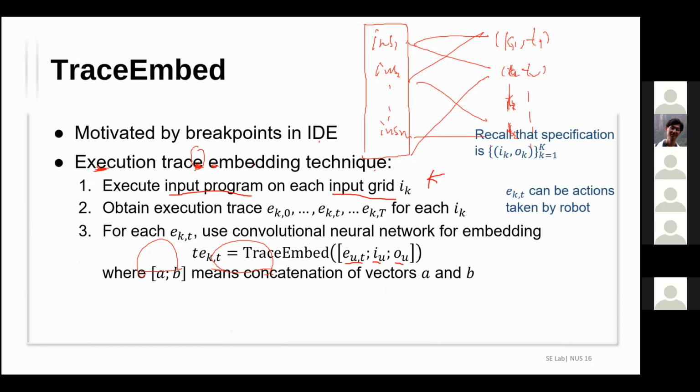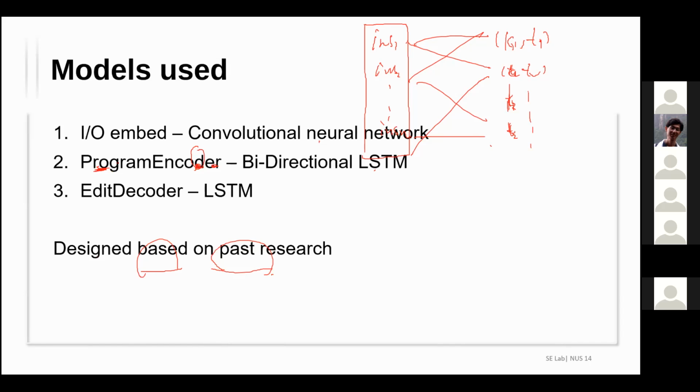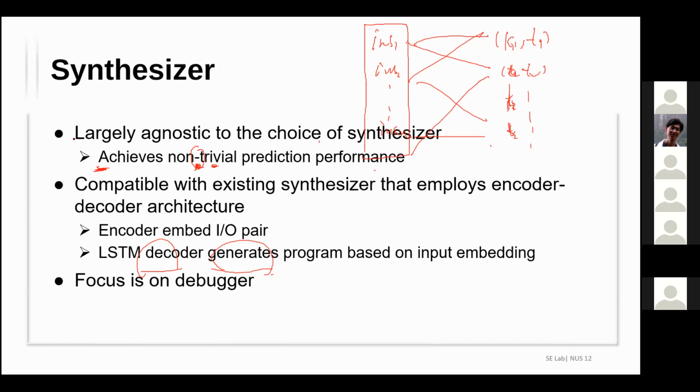This vocabulary that I have is only for the debugger. It's not for the synthesizer. Okay. So the synthesizer is still a black box. Yeah, the synthesizer is a black box, because they are not focused on the synthesizer itself. They are just using existing synthesizers.